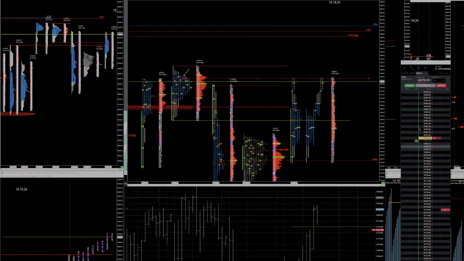Now that high, the IJ high, if I am going to stay in this one, that high has to move fast. It has to be a dynamic break.